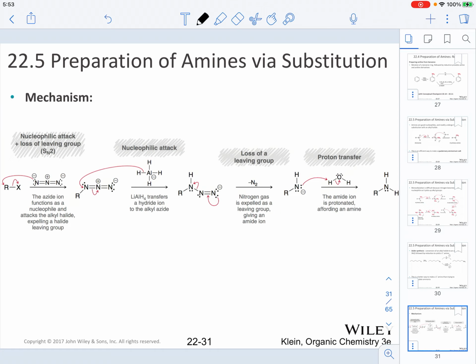Nitrogen gas is created in this reaction, in which the lone pair from the rightmost nitrogen forms a triple bond, and the next nitrogen bond breaks. That's how nitrogen gas is produced. Then the amide ion is produced, and in the second step, that amide ion gets protonated, resulting in the formation of the amine.